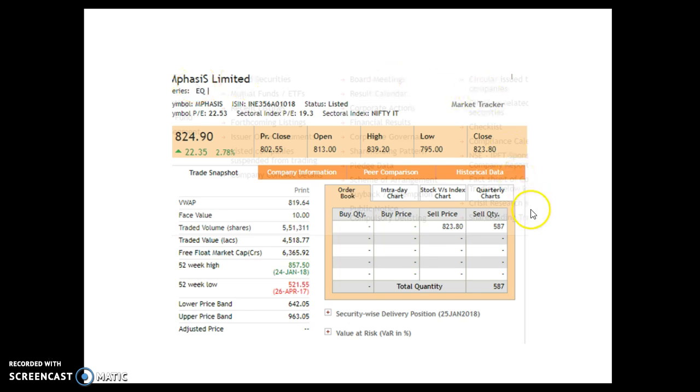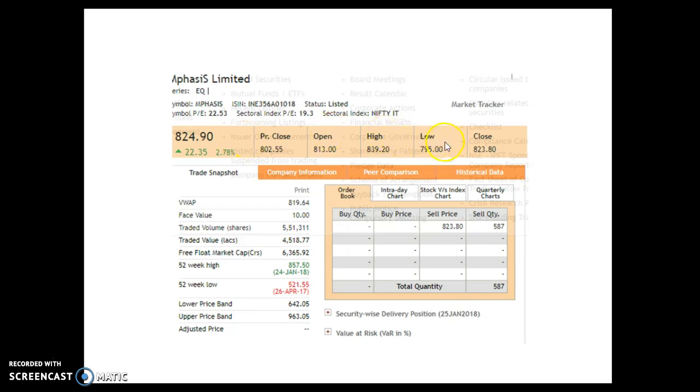NSE, I have captured all the information. The slide is Mphasis Limited, series is equity, symbol is MPHASIS, and the status is listed, and the symbol P/E is 22.53 and the sectoral P/E is 19.3, and sectoral index is registered at Nifty 80.